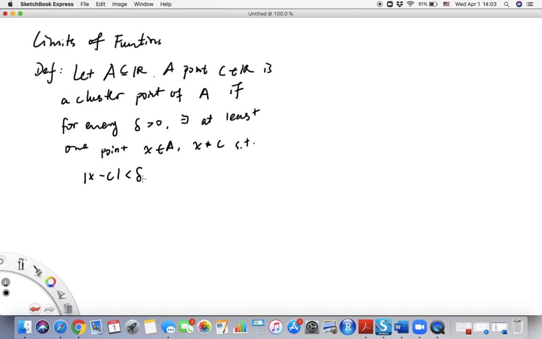So use this definition. Can we prove the following? So let's call this a theorem.